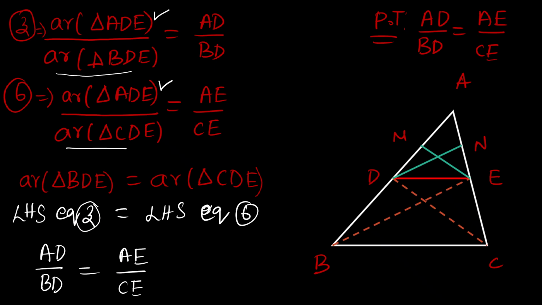Therefore, the line DE, which is drawn parallel to one side of the triangle and intersecting the other two sides at distinct points, divides the other two sides in the same ratio. D divides AB in the same ratio as E divides AC. So hence proved.